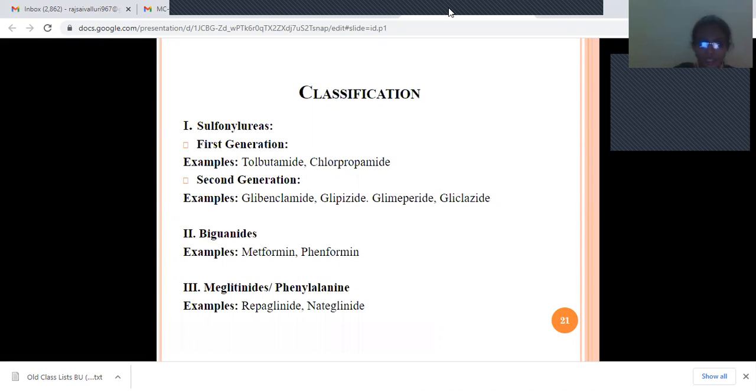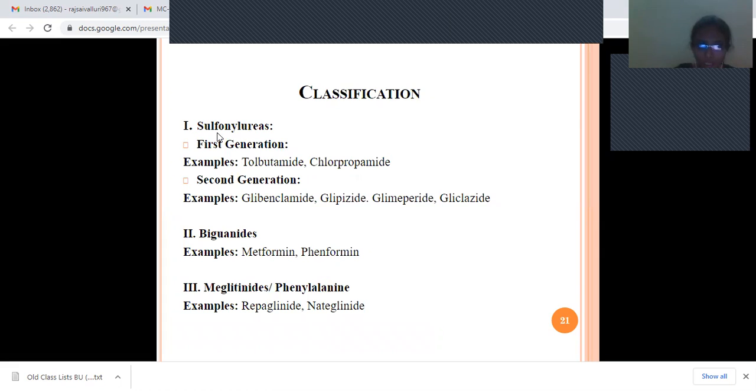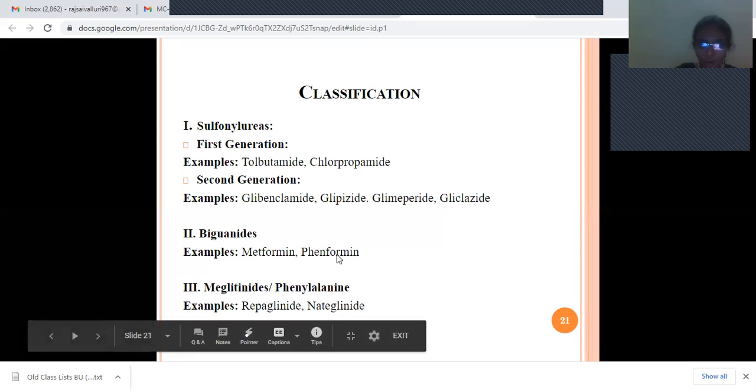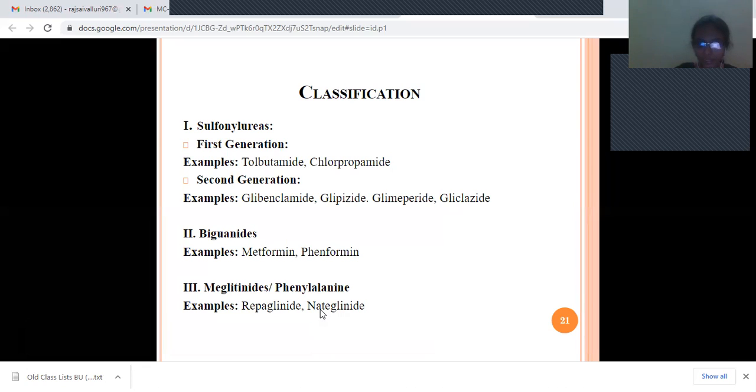See here classification, I will explain it again. That is sulfonylurea. The first generation is tolbutamide and chlorpropamide. Second generation is glibenclamide and glipizide and glimepiride and gliclazide. And biguanides, that is metformin and phenformin, and meglitinides, example repaglinide and nateglinide.